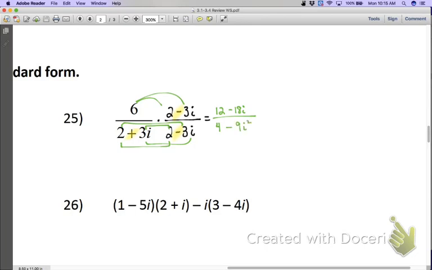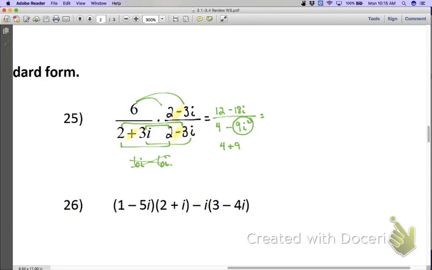Because what's going to happen in the middle? Like what's going to happen with the 6i and the negative 6i? They're just going to go away, right? It's kind of that middle step. So this part right here changes to 4 plus 9.